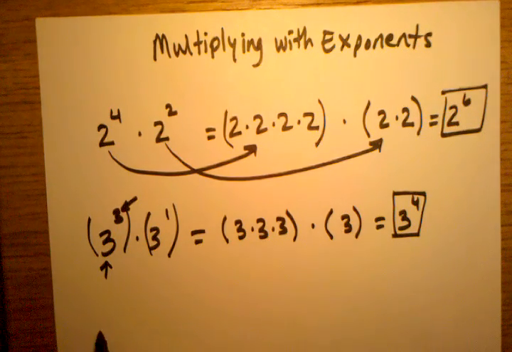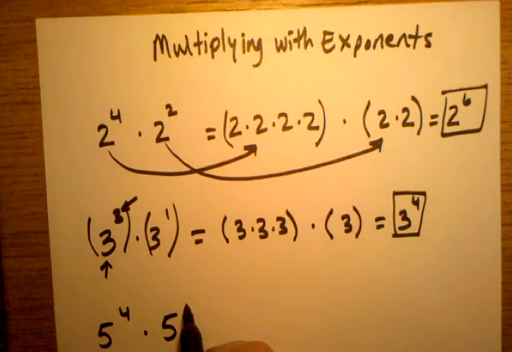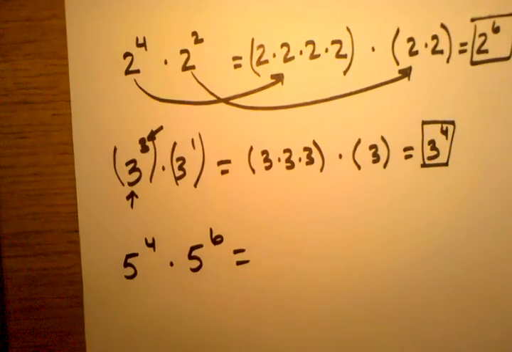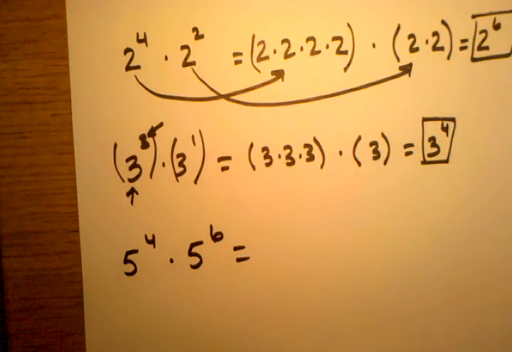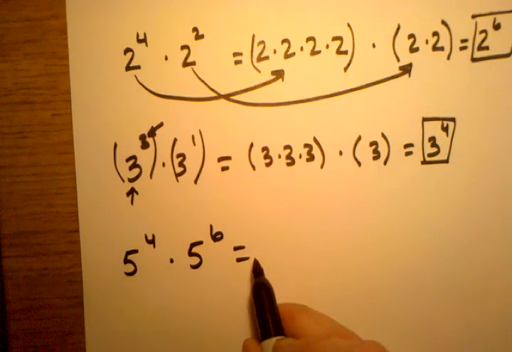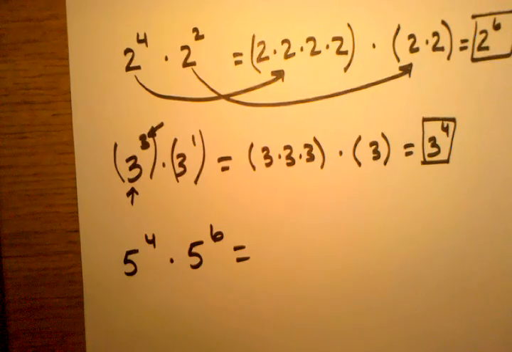So let's take a different number. Let's do 5 to the 4th power times 5 to the 6th power. This is a slightly bigger problem, and we can write it all out, and if we do, we're going to be writing a lot of 5's out, or we can use a shortcut.